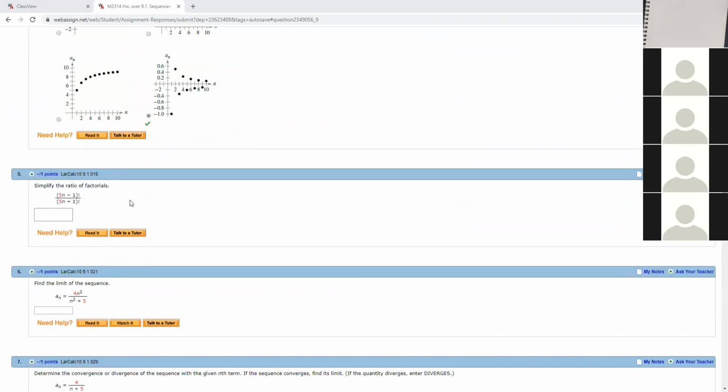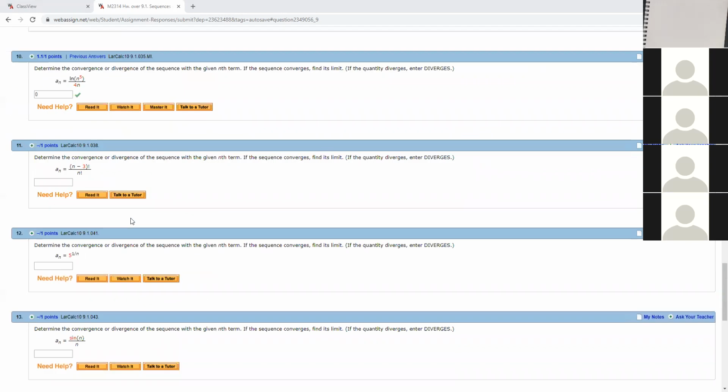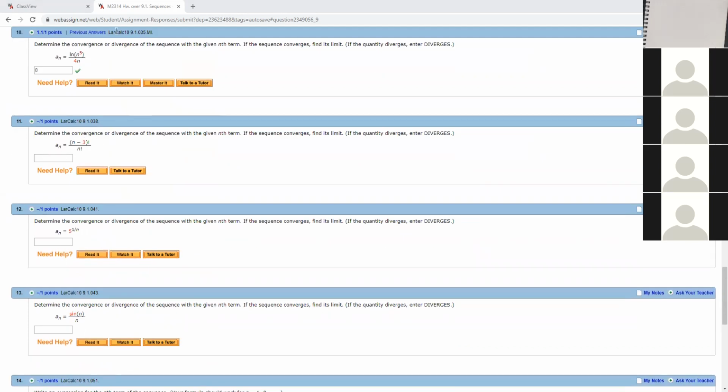But on problem 5, you stop after you simplify it, and you don't worry about what's going on with the sequence. Just simplify. So I'm going to do this one with you, and then you could do the other one up there by yourself. You would have practiced factorial expressions maybe before, but either way.